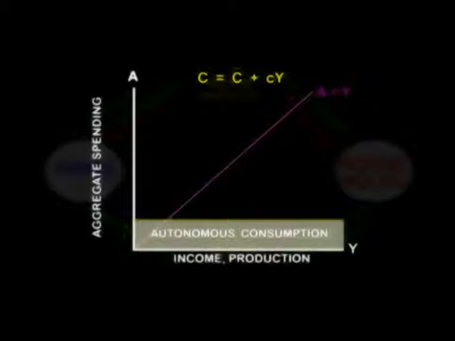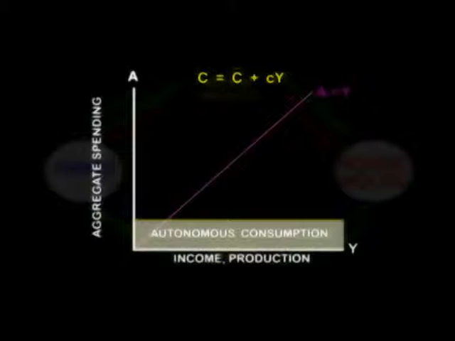The second part of the equation is referred to as induced consumption and is represented by the term CY, where Y represents the level of income and C represents the portion of income that the households will spend. C must therefore always be less than 1.